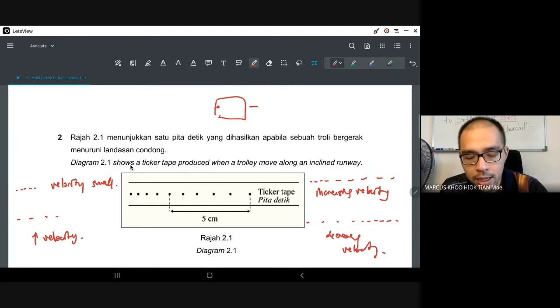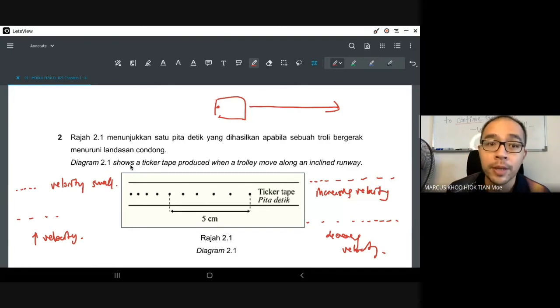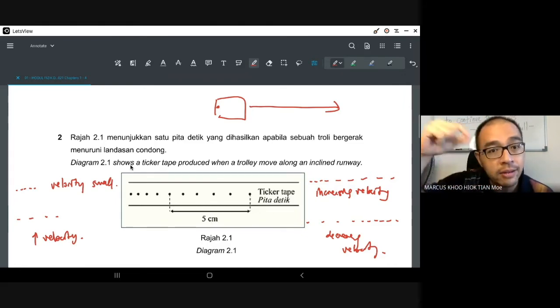As the car is moving, the oil dots will tell you whether it's moving faster or slower. If you ever find yourself confused with the ticker tape, think of a car with a hole in the gas tank. Not a very good thing to have. As the car moves, the oil will drop at a steady rate.